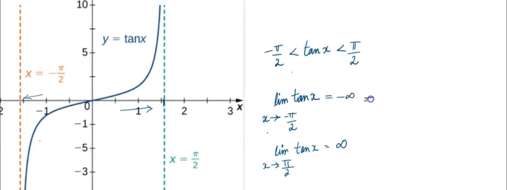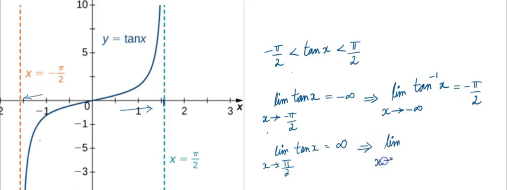This implies the limit, when x approaches negative infinity, for tan inverse of x, is going to approach negative pi over 2, right? And for the second piece, as x approaches infinity, these two get switched. So tan inverse of x will actually approach pi over 2.